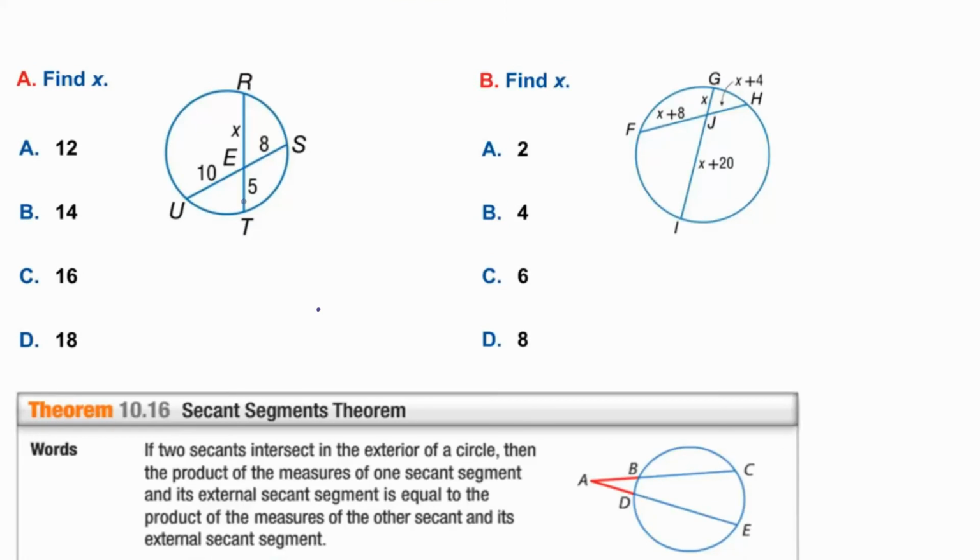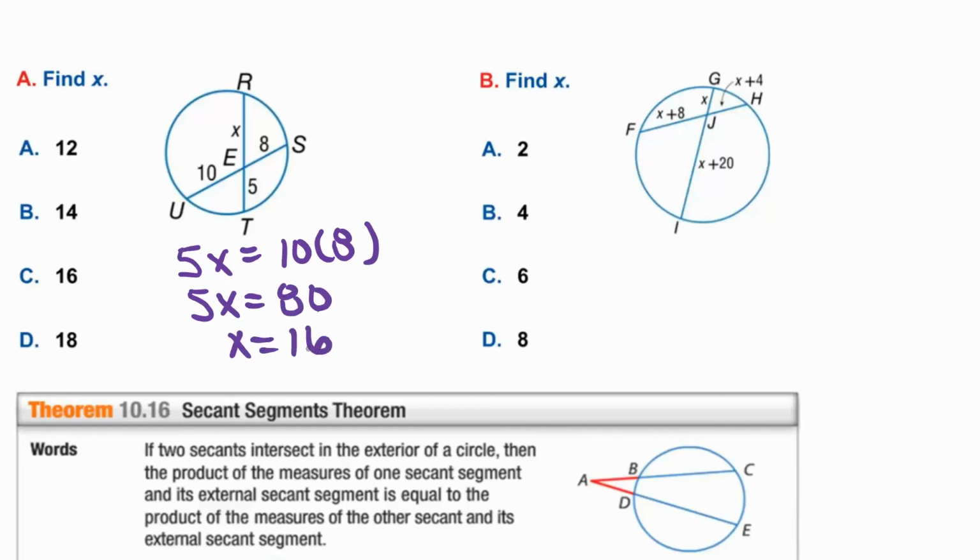In the next problem, we can do 5 times x equals 10 times 8. So 5x would equal 80, and x would equal 16.